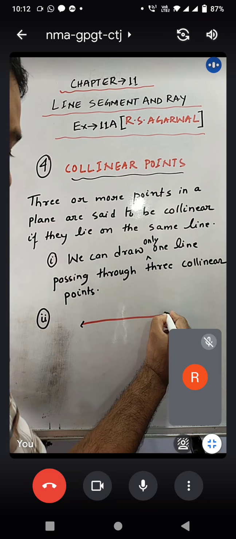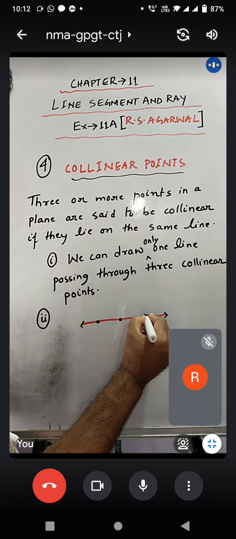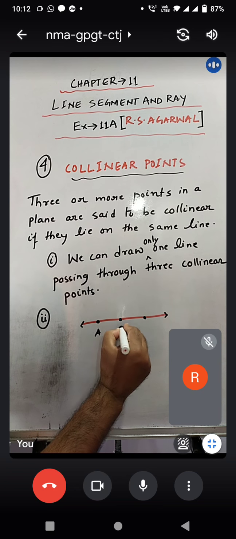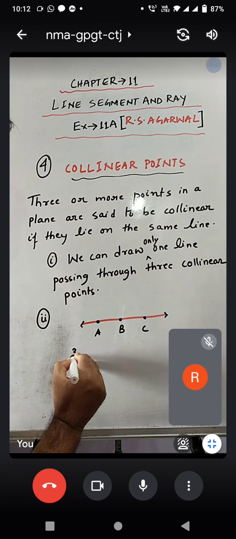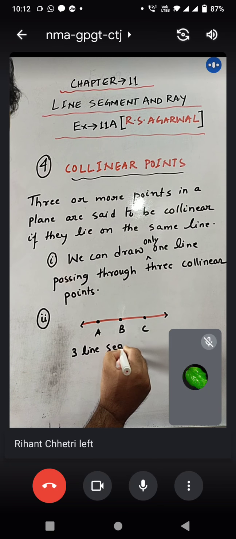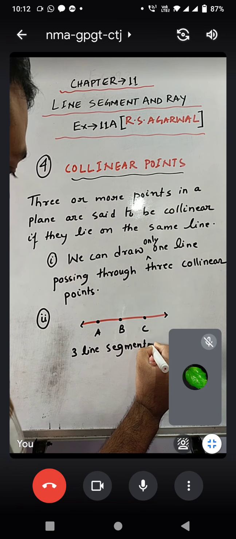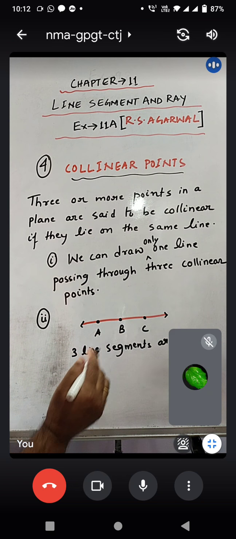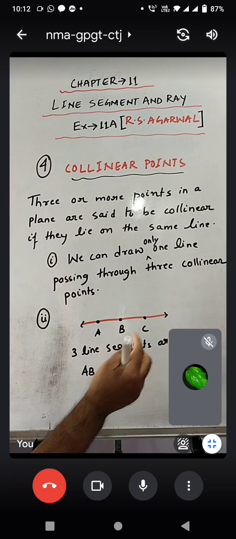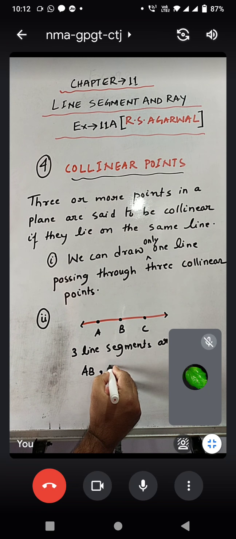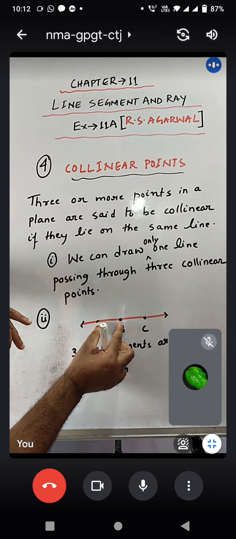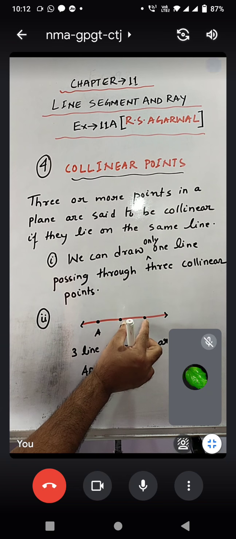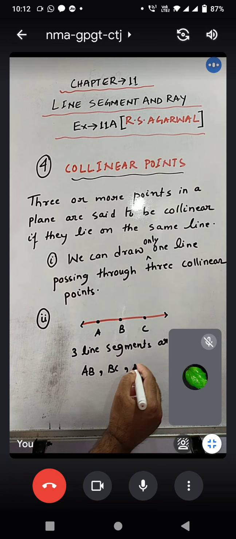The three line segments are AB, BC, and AC.